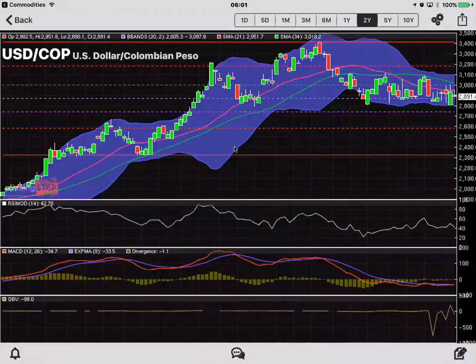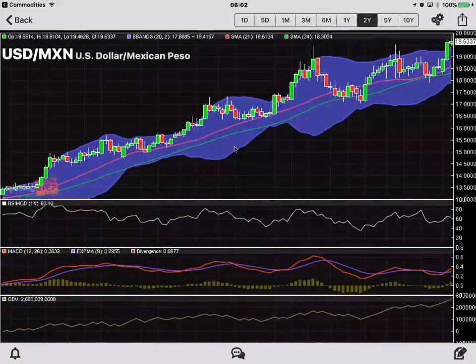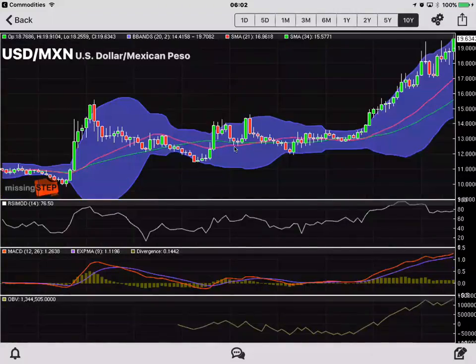Colombian peso, same thing with the emerging markets. I expect some unwinding in the emerging markets here. Dollar Mexican, working on a bigger blow-off. As you can see here, moving averages in that.